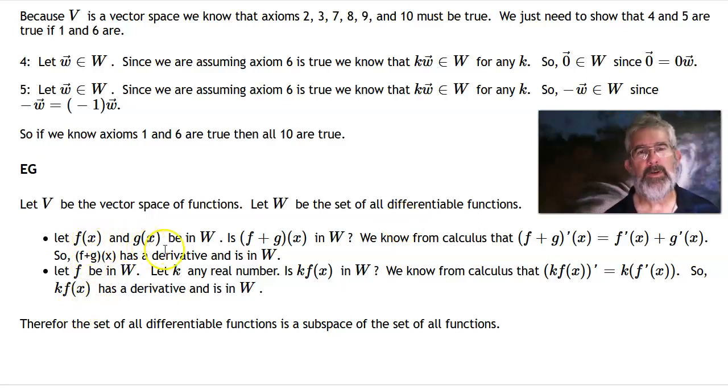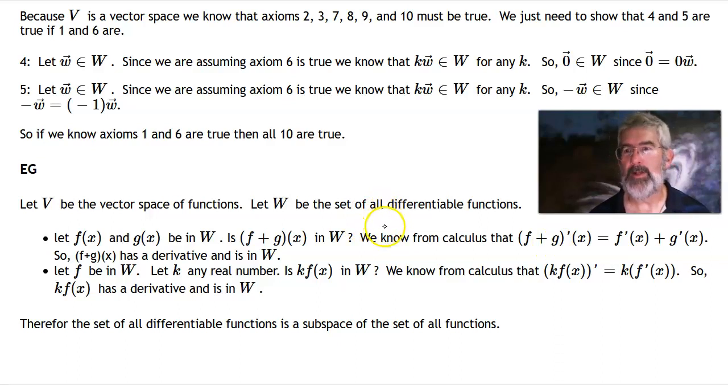If I take two functions that have derivatives, is the sum of them a function that has a derivative? Well, we know from calculus that the derivative of a sum is the sum of the derivatives. So the derivative of f plus g is the derivative of f plus the derivative of g. Knowing that these two things exist, and we can add functions together, we have that this function f plus g has a derivative, and hence is in the set of differentiable functions.